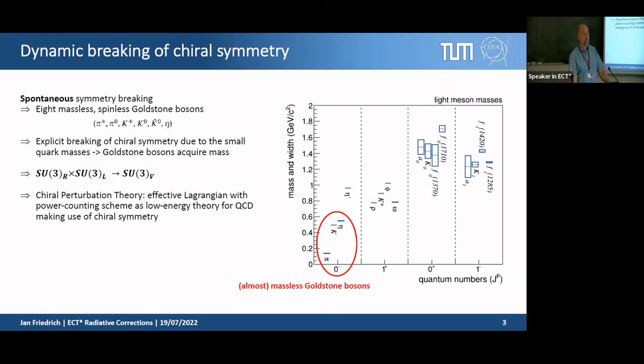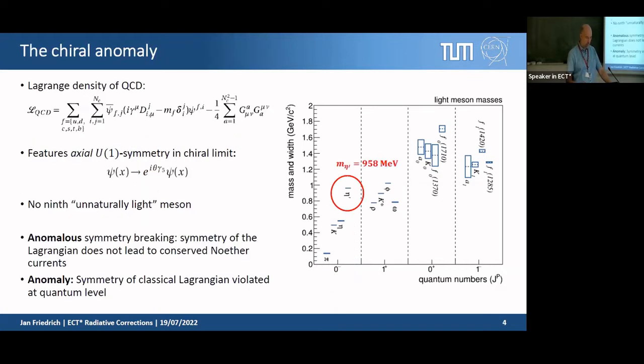The symmetry can still be exploited as an effective theory with a power counting scheme, and gives predictions of low energy QCD, which in fact reach quite far. In principle, the QCD Lagrangian in the chiral limit again features the axial, the anti-symmetric left and right-handed symmetry, but this 9th light meson is missing.